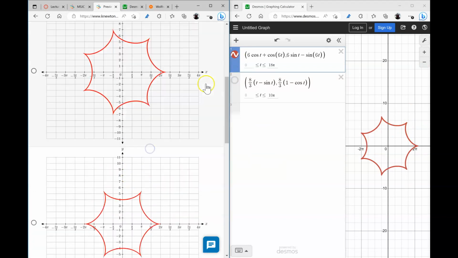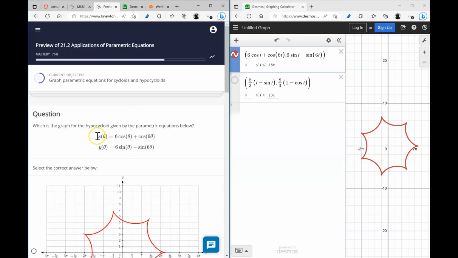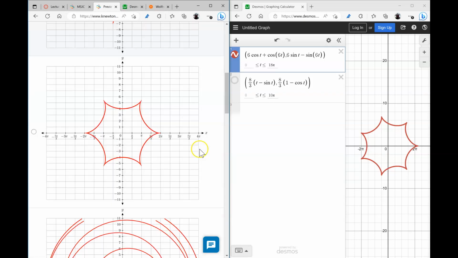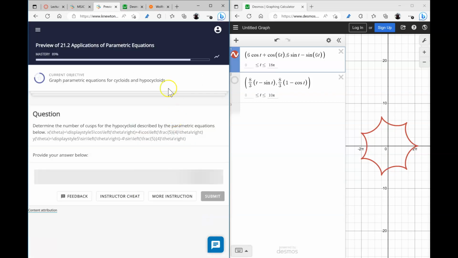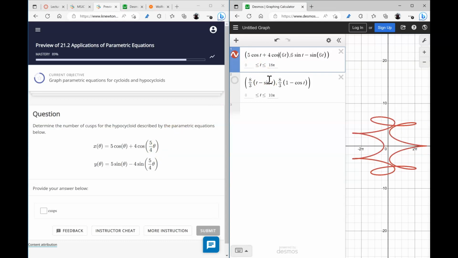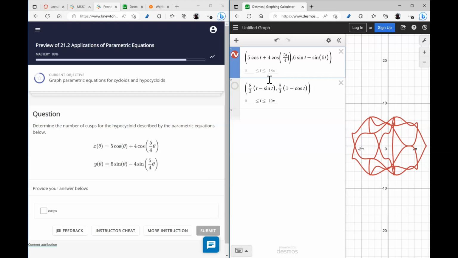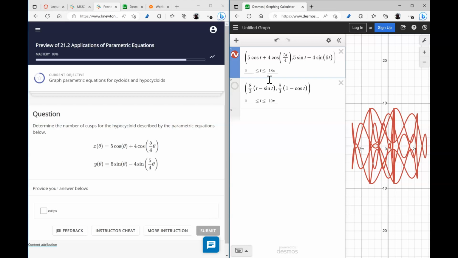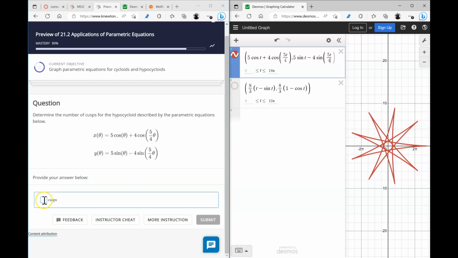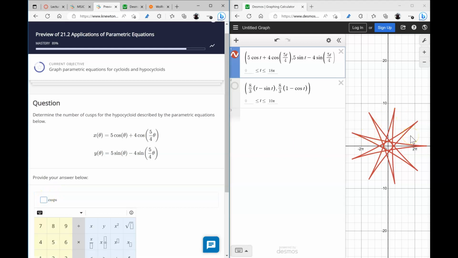Looks like this one, but yeah, it's the only one that makes sense. 1, 2, 3, 4, 5, 6, 7, 8, 9.